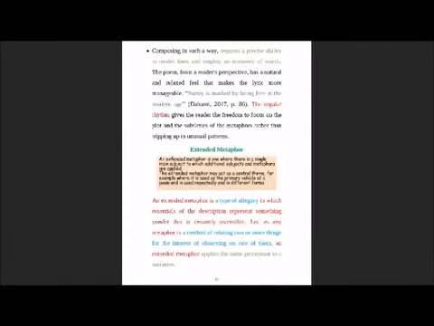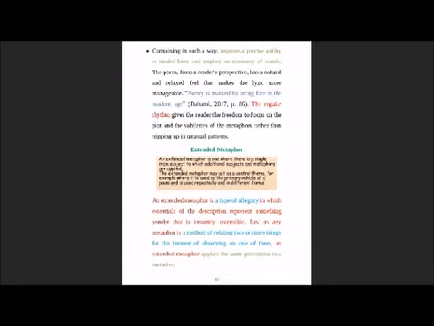Even if we say limitations, we mean limitations in the writing of the lines, but in understanding the meaning, it is great. It is not a flaw, but greatness. Composing in such a way requires a precise ability to model lines and employ an economy of words, and she did. She succeeded in that.